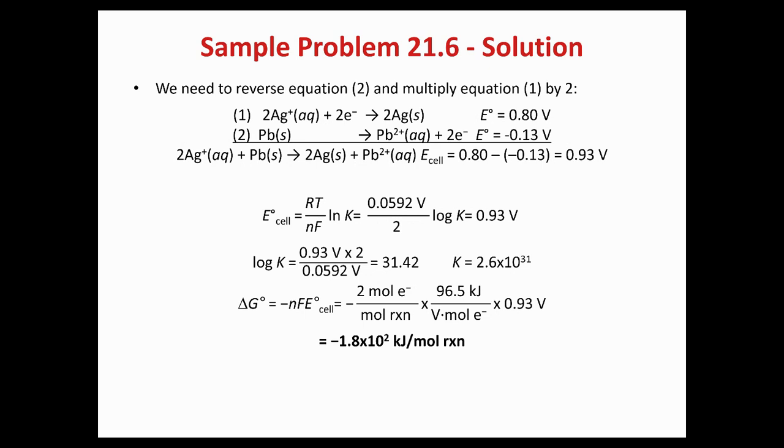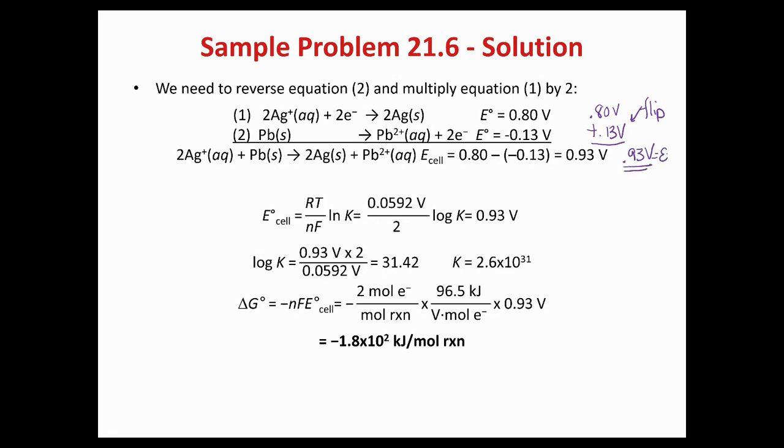Okay, so you're back, and the silver one stayed reduced because it had a more positive voltage, and the lead one got flipped. So when it flipped, it changed its sign. Now I know I'm doing it a little bit differently than is shown here. What I did was flip that and change the sign, so we should have gotten 0.93 volts.